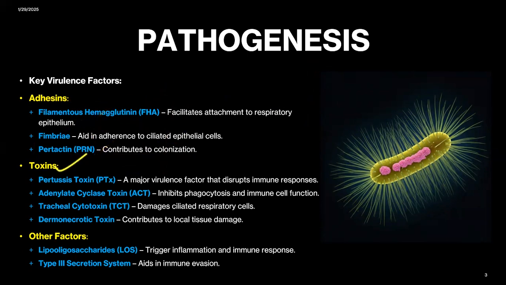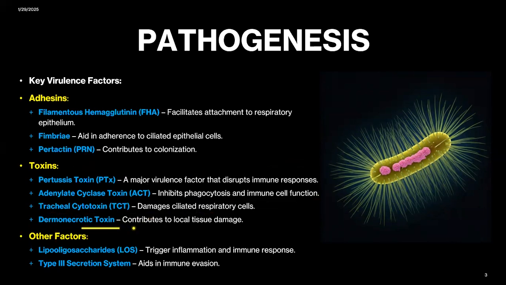Next are the toxins. First is pertussis toxin, PTX, a major virulence factor that disturbs the immune responses. Adenylate cyclase toxin, ACT, inhibits phagocytosis and immune cell function. Tracheal cytotoxin, TCT, damages ciliated respiratory cells.